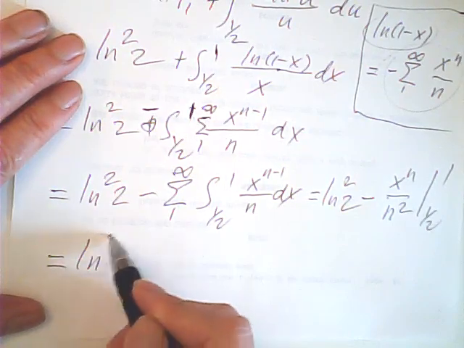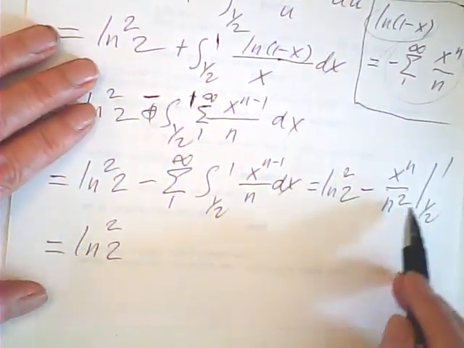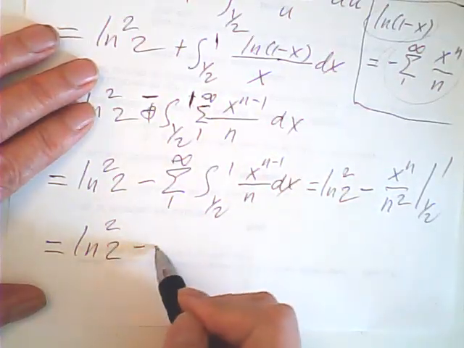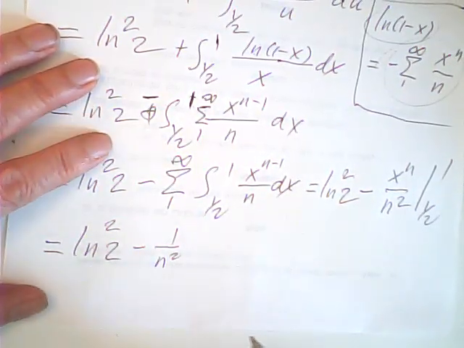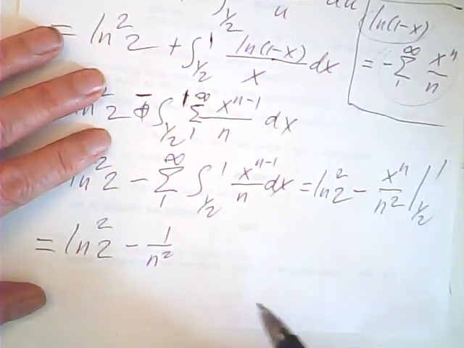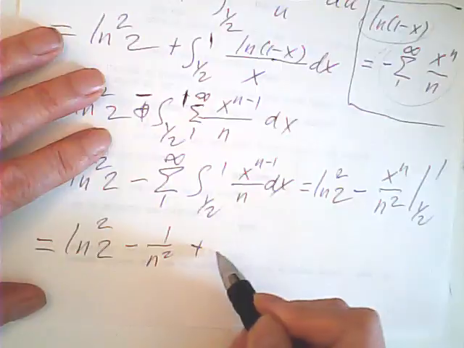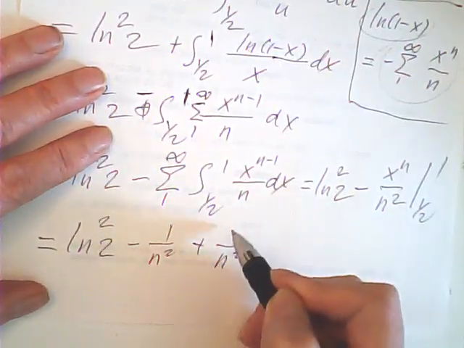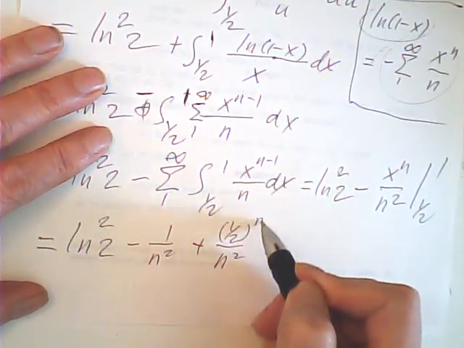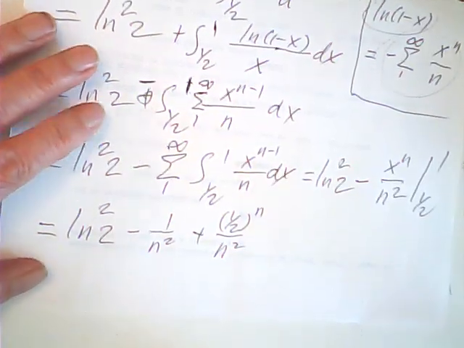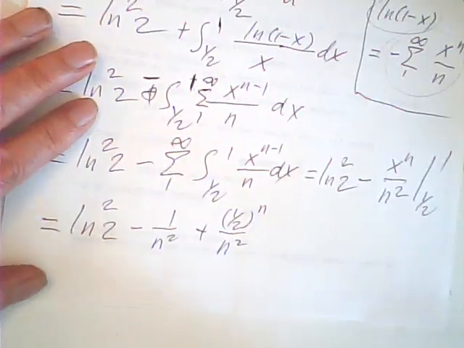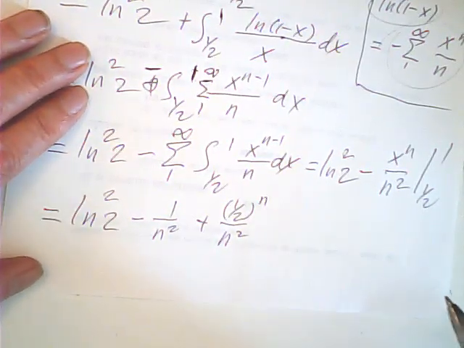Equal to log square 2 minus the term at 1, plus the term at half. Yeah, that's right.